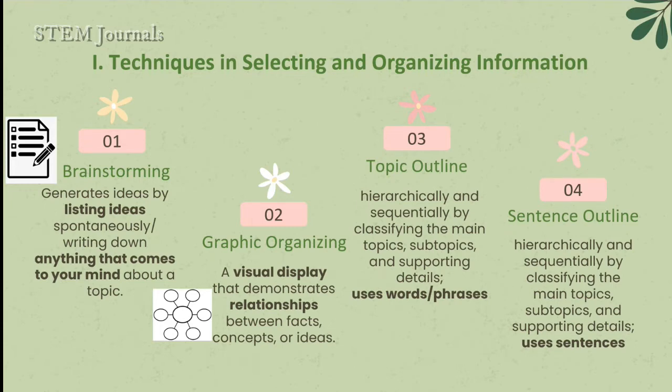But ito nga, para mas maalala natin. So it's a technique in selecting and organizing information. Okay? So topic outline, it uses words or phrases. Kaya nga it's a topic. Okay? Maikli lang siya. So it can get a little bit broad, unlike itong sentence outline, which uses sentences, so it's more specific.